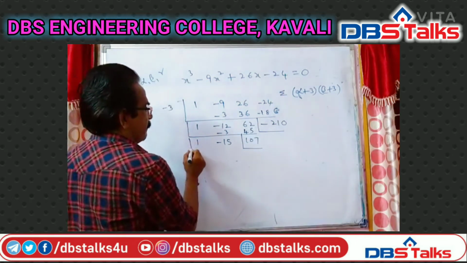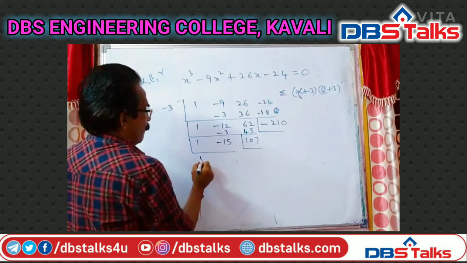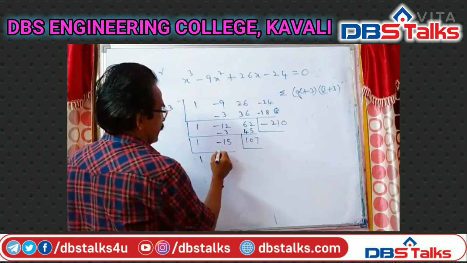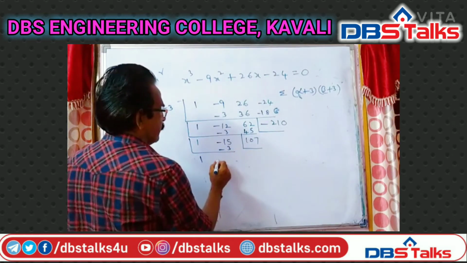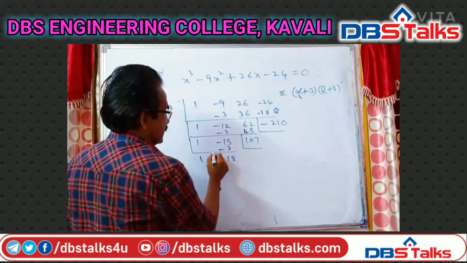Next, 1, minus 3 into 1 minus 3, minus 18.